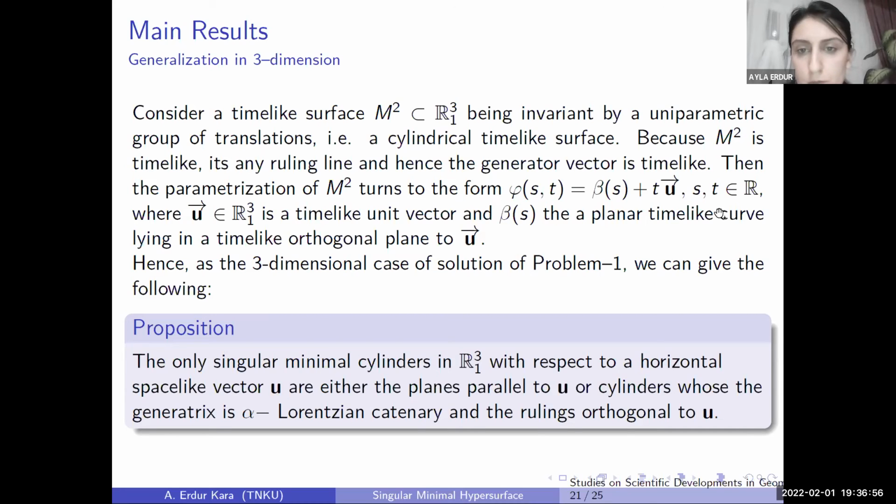In this case, we have that the only singular minimal cylinders in R^3_1 with respect to a horizontal spacelike vector Y are either planes parallel to Y or cylinders whose generatrix is an alpha-Lorentzian catenary and whose rulings are orthogonal to Y.